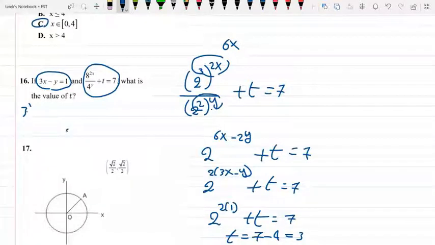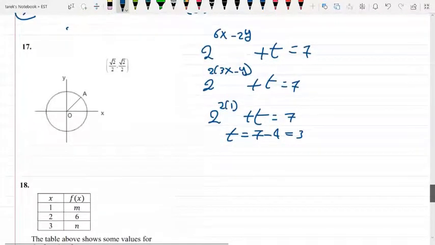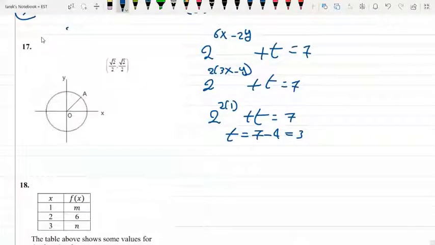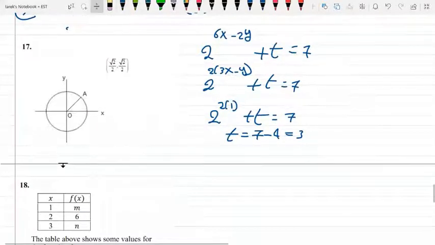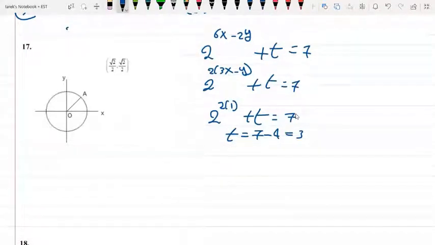Number 17. Yes, 17. I have this circle, and what do I need from this circle?